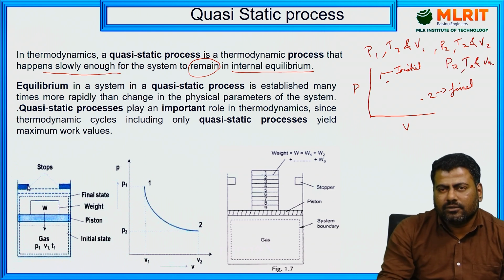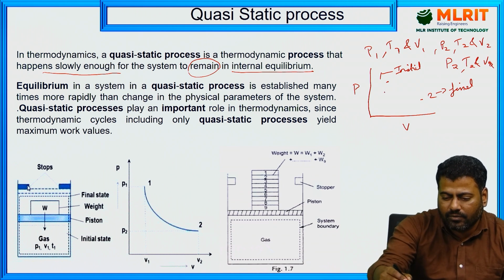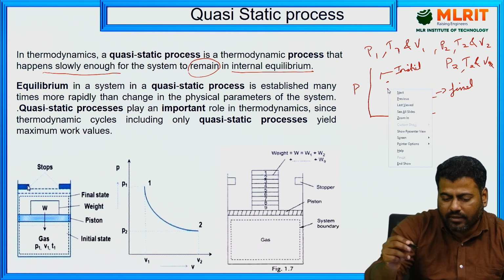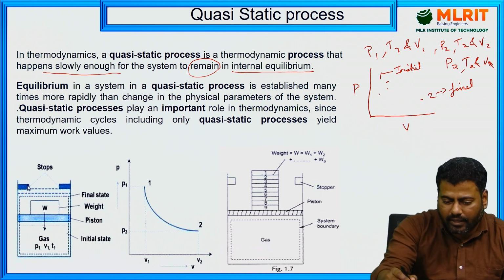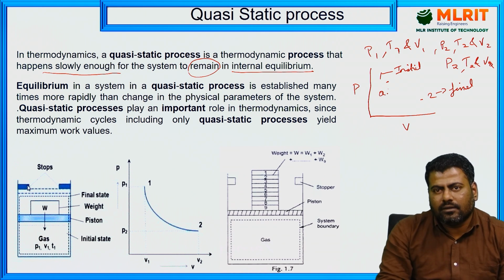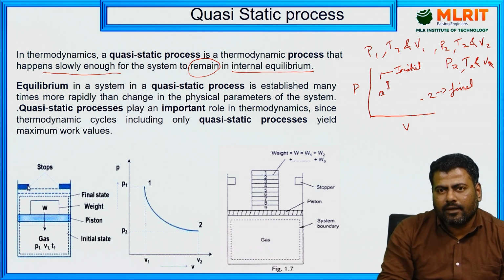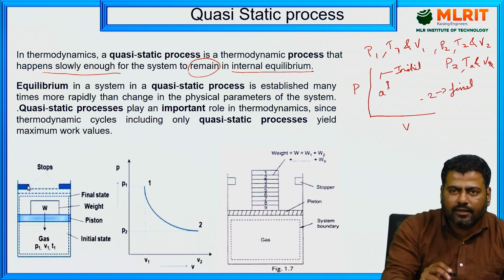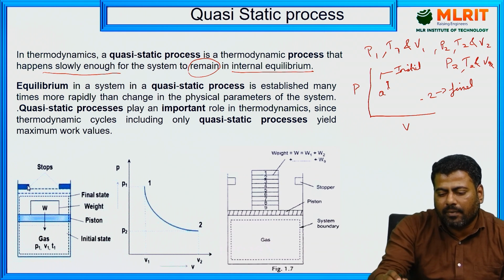With respect to that, I can mark the coordinate on the PV diagram. That is your point A. Now I can join the initial state and this internal equilibrium state, point A. These internal equilibrium states are required to find the path of the process.